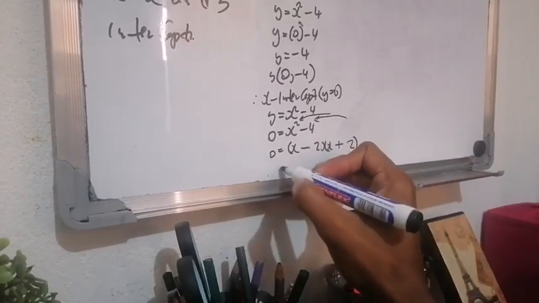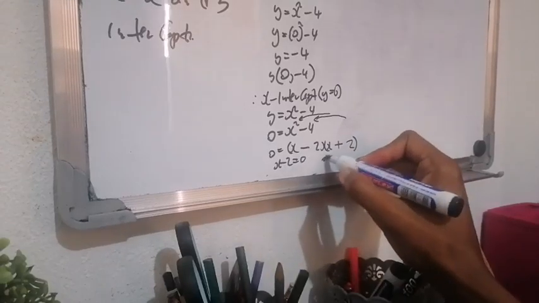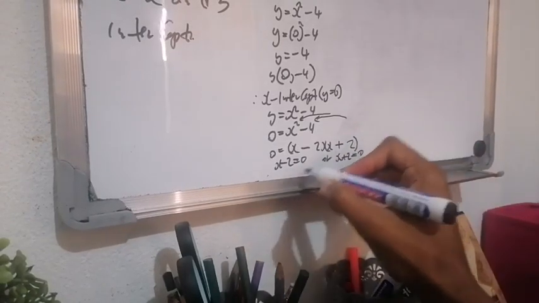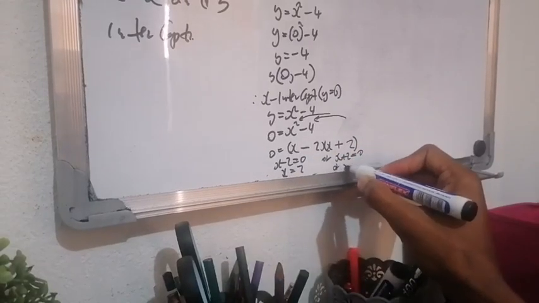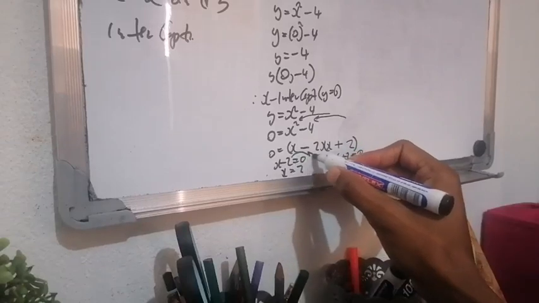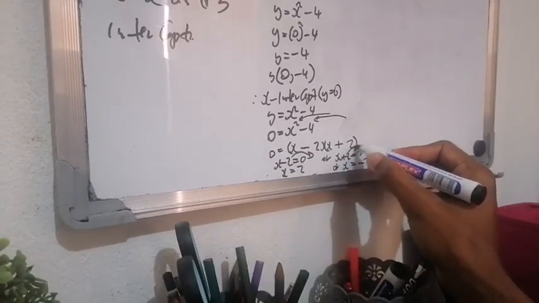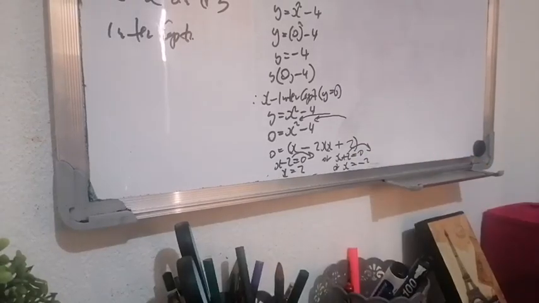As a result, x minus 2 should be equal to 0, or x plus 2 should be equal to 0. Then x will be equal to 2, or x will be equal to negative 2, because you need to take the 2 to the other side. It was negative, so it must be positive that side. This one is positive, so when it jumps the equal sign, it's going to be negative that side.